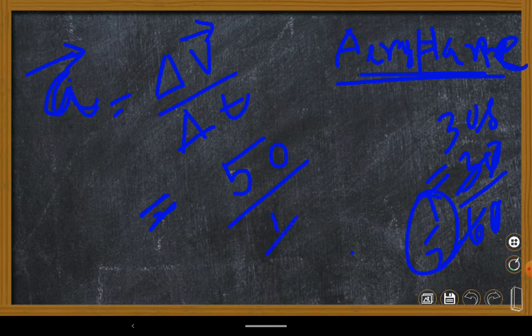So in the place of time we write 1 by 2, in hours, and velocity is in kilometer per hour.